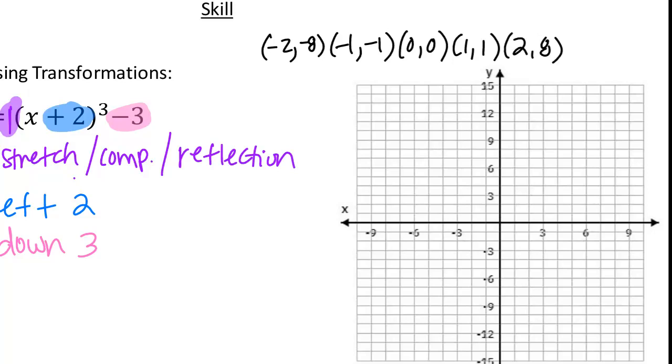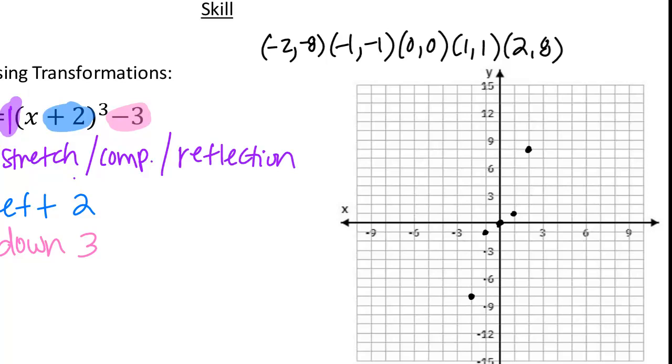Those are always going to be the same 5 points, okay? So let's go graph it. We're going to go left 2, down 8, left 1, down 1, 0, 0, and then right 1, up 1, and right 2, up 8. That black one is always going to be the same.